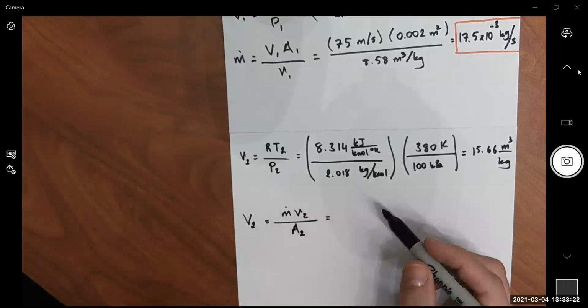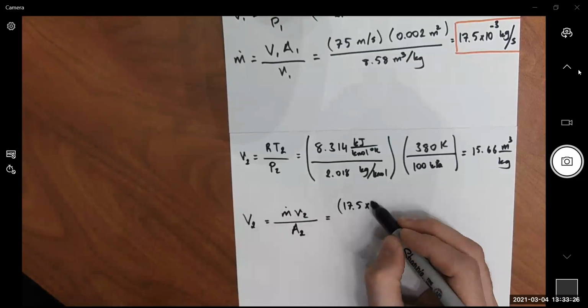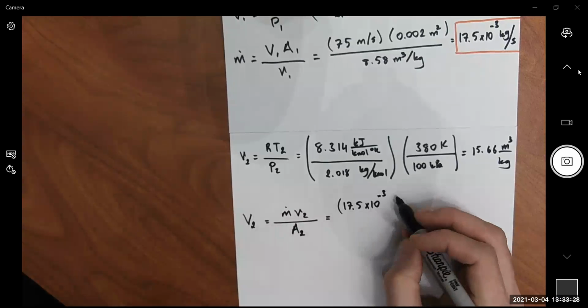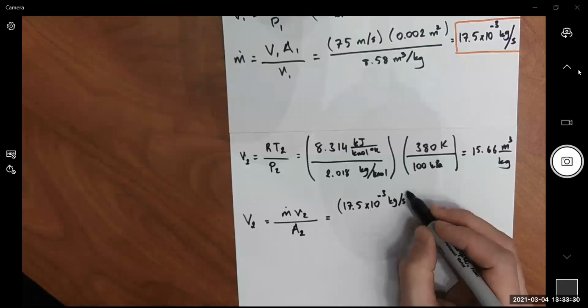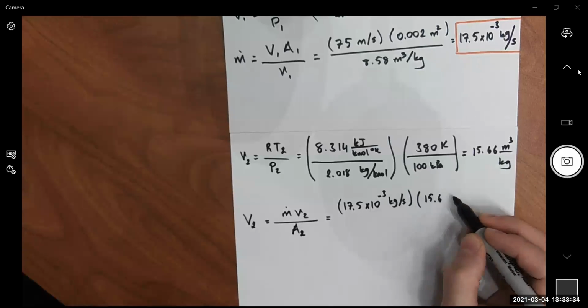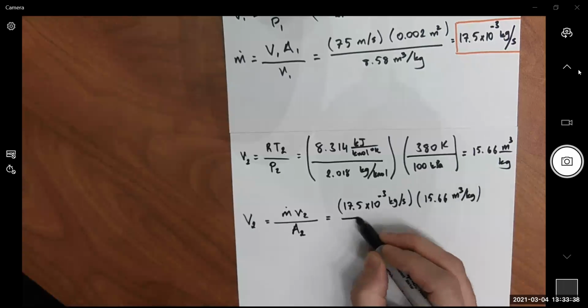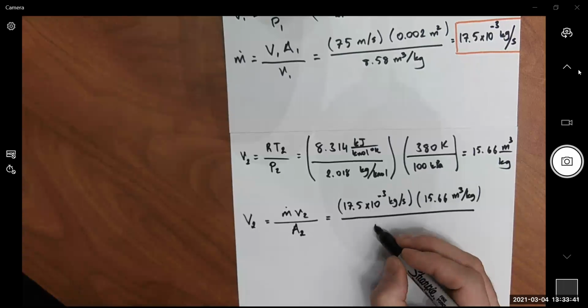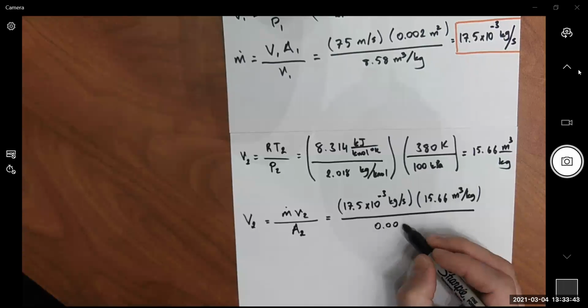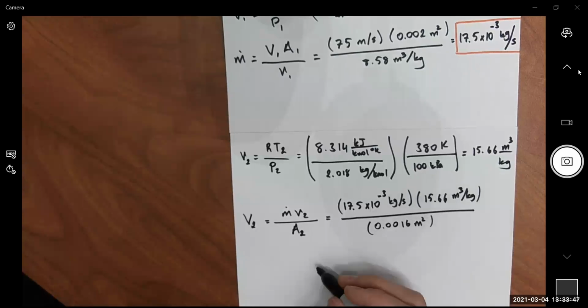The mass flow rate is 17.5 times 10 to the minus 3 kilogram per second, times 15.66 meter cubed per kilogram, divided by area 0.00616 meters squared. That gives us velocity as 171 meters per second.